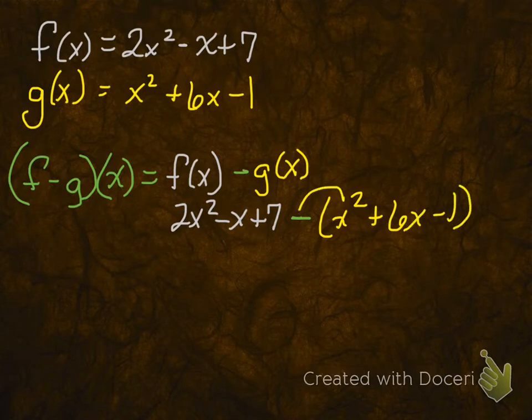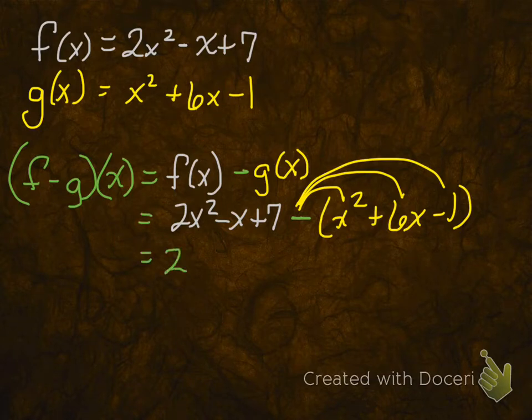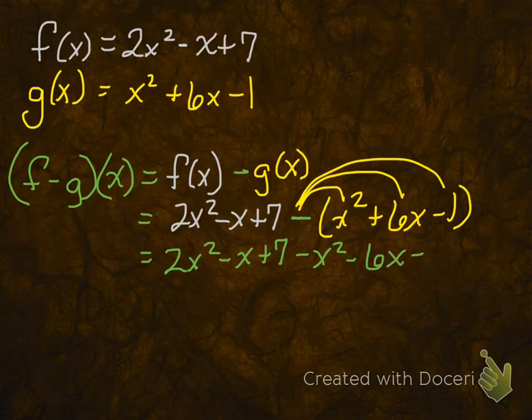So this minus is going to go with the x squared, it's going to go with the 6x, and it's going to go with that minus 1. And so 2x squared minus x plus 7 minus x squared minus 6x plus 1.